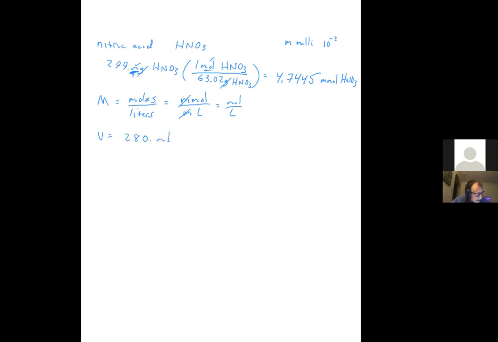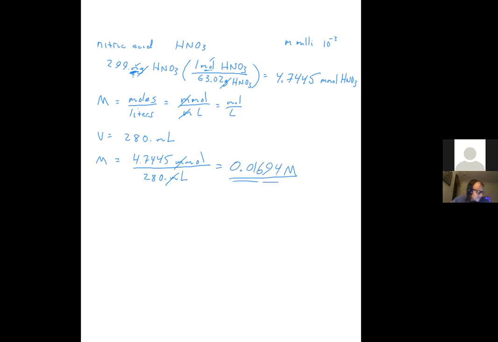So I now can see that our molarity of HNO3 is 4.7445 millimoles over volume, 280 milliliters. And look what happens to the milli. If I divide that by 280, I now get 0.01694 molar, capital M for molar, right?